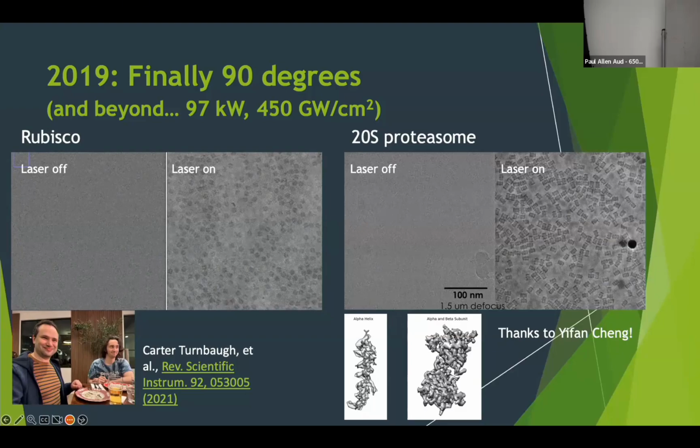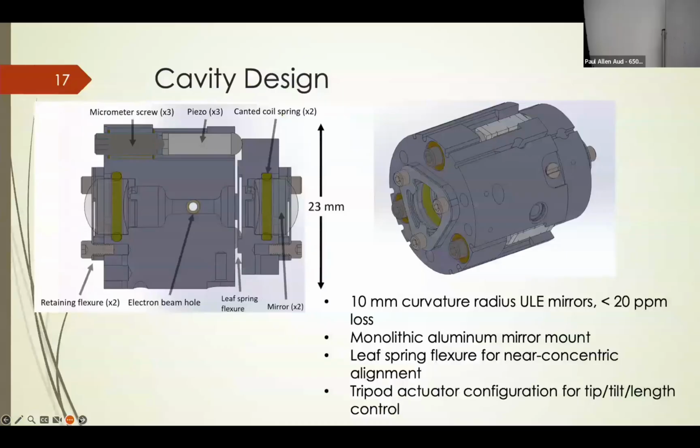So this was great. The cavity design, so the whole thing has to fit into the electron microscope, hence the cavity is short. The mirror-to-mirror distance is 20 millimeters. The diameter of the entire metal part is 23 millimeters. The super polish was done by a company named Coastline Optics, which is superb.